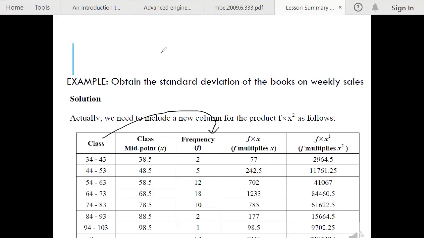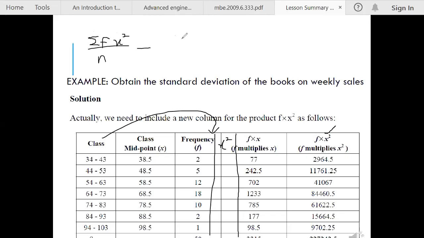Then after that, we know from our formula that we need summation. The first term says square x and multiply with f. So you need, let me say, a column for x squared first. Then after that, you need a column for f times x squared, over n. So I'm going back to the formula. Minus what?